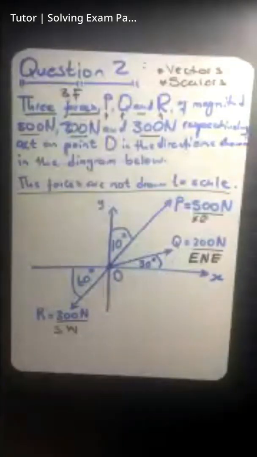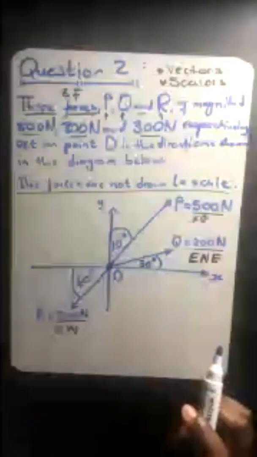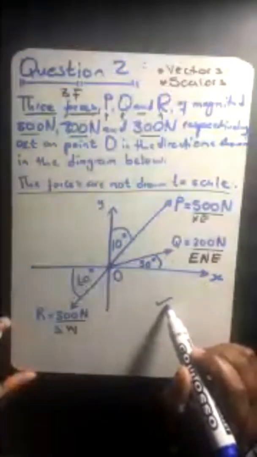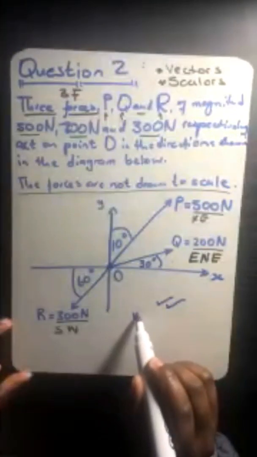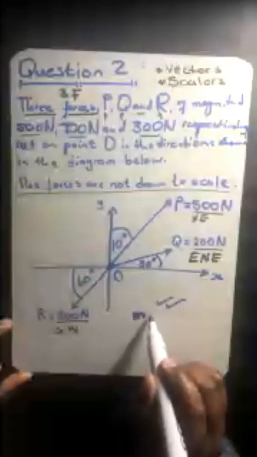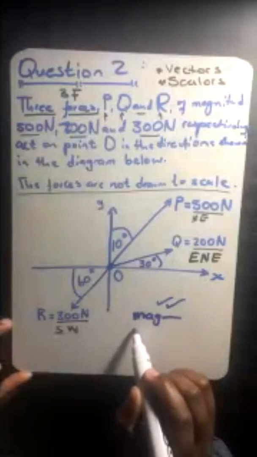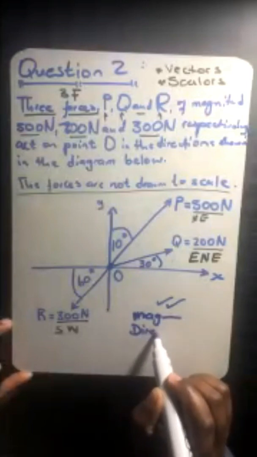Okay, so ladies and gentlemen, with what LB has just said, she will be given 2 marks. Why? Because she has mentioned magnitude and direction.